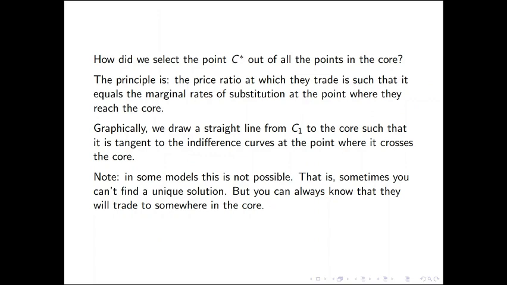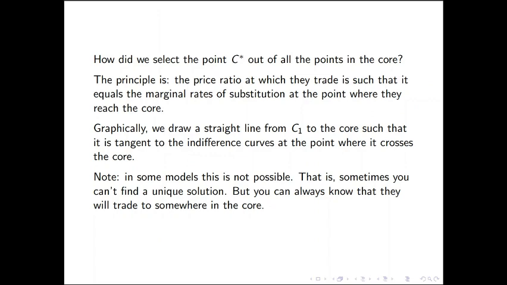In other words, the slope of the budget line when it crosses the core is equal to the slope of the indifference curves at that point. This is how we were able to identify one specific point in the core and say that this is the solution.